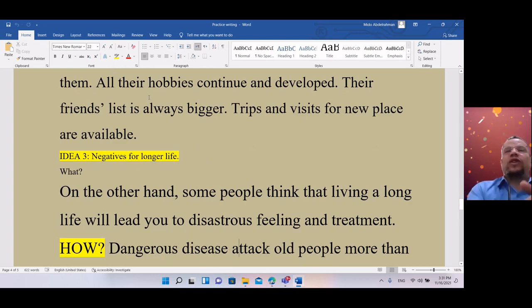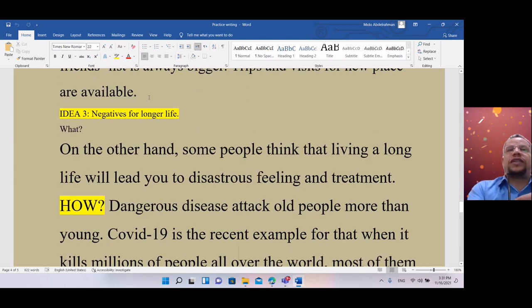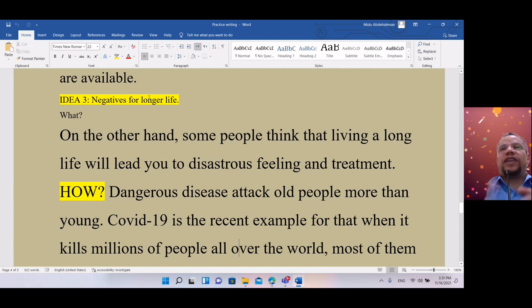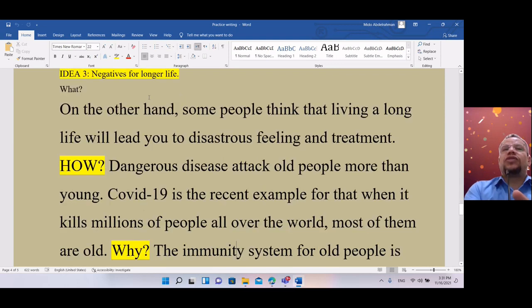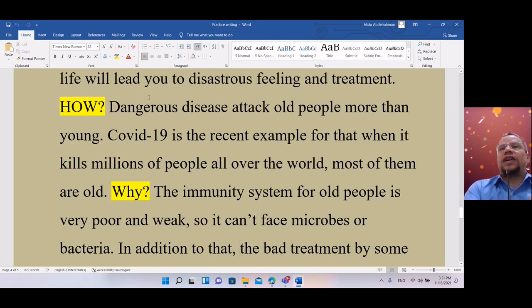Talking about negatives, we're using what and how and why. On the other hand, some people think that living a long life will lead you to disastrous feelings and treatment. How? Dangerous diseases attack old people more than young. COVID-19 is the recent example for that, when it killed millions of people all over the world.